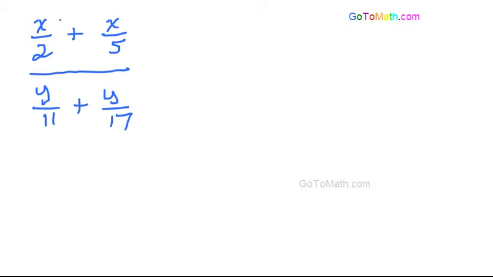Okay, so let's go ahead and work on the numerator first. Okay, so we're going to multiply. We're going to have 5x, we're skipping steps now, plus 2x, and that's all over 10.